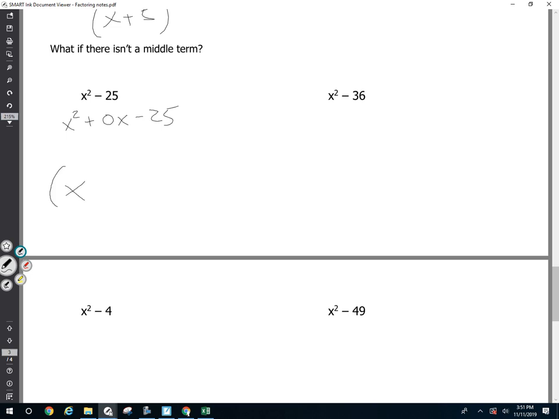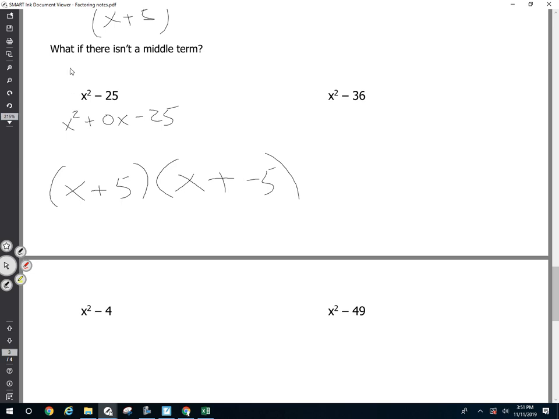It still can be written as x plus something times x plus something. You can figure out the numbers. What two numbers multiply to get -25 but add to get 0? -5 and 5.